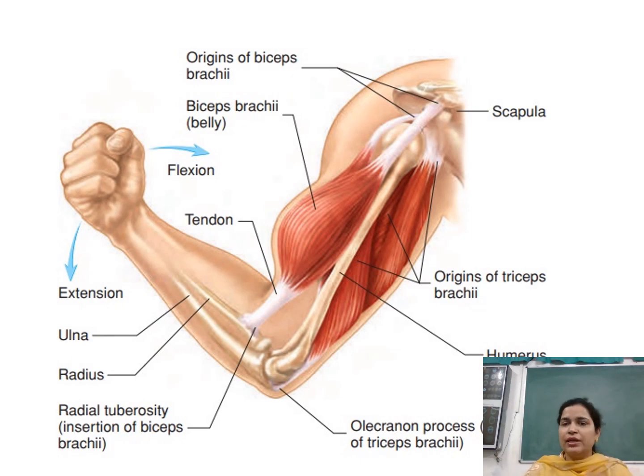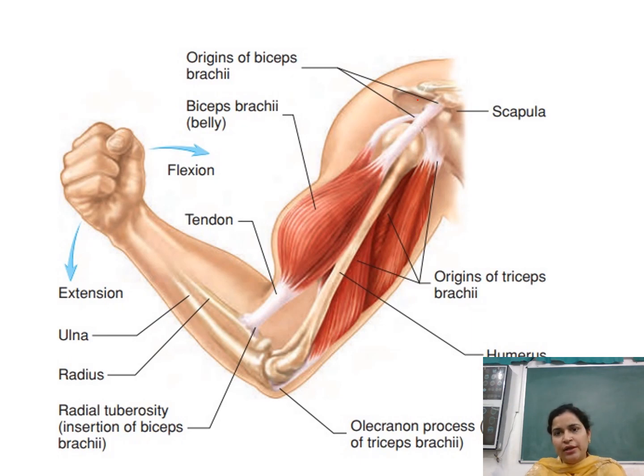Now we can see the attachments here. This is the coracoid process of the scapula, then here is the acromion process of the scapula.